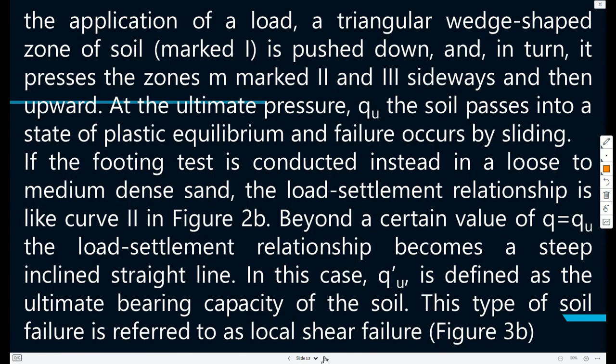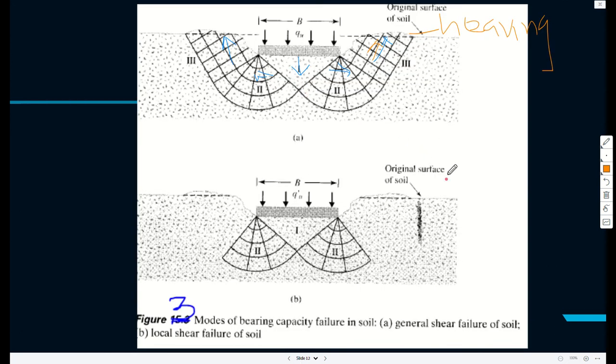Actually, this you should have seen somewhere. If this is soil, and you punch it, you'll see this part of the soil bulging like that.